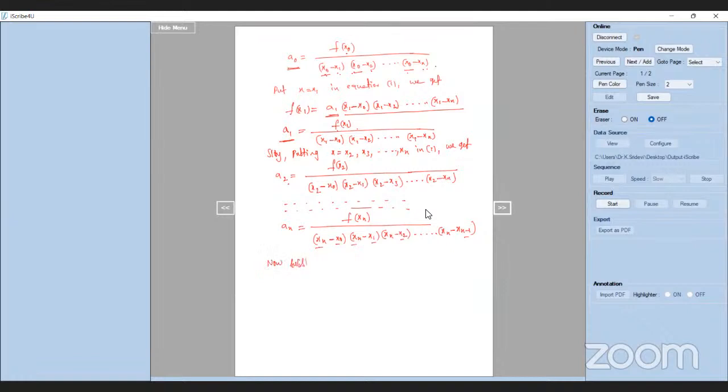Now, substituting the values of a0, a1, a2, and so on, an in equation 1, we get, what is equation 1? Take another page for this one.